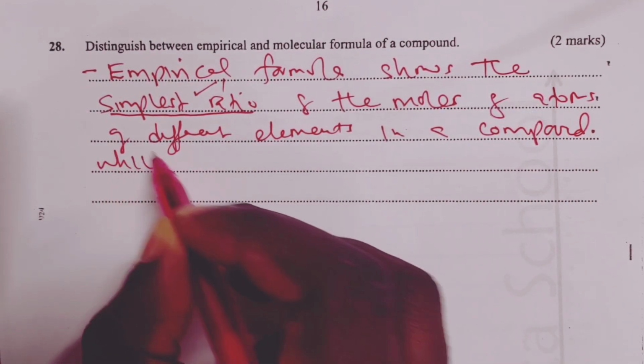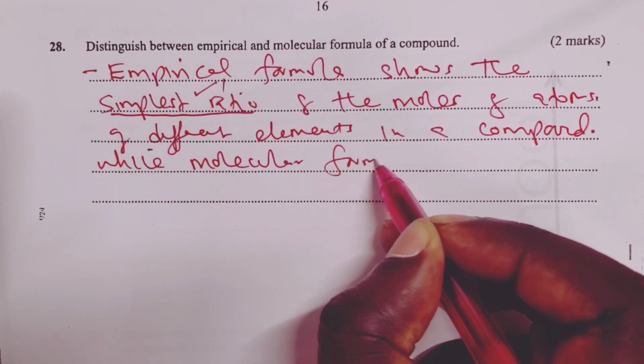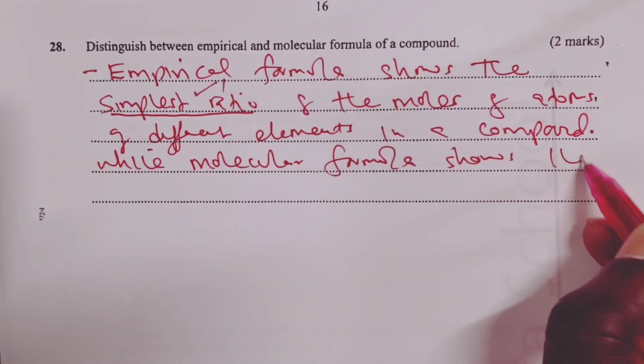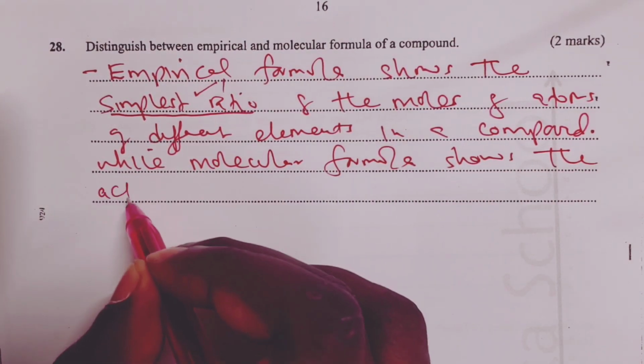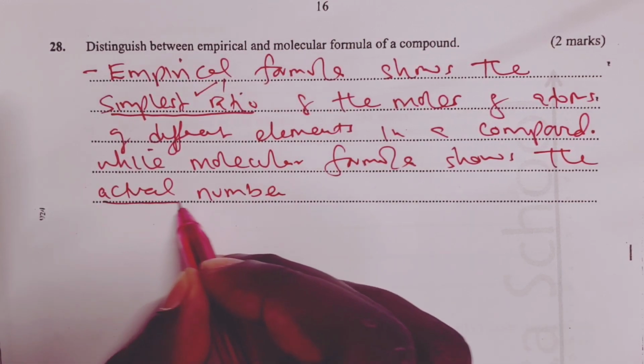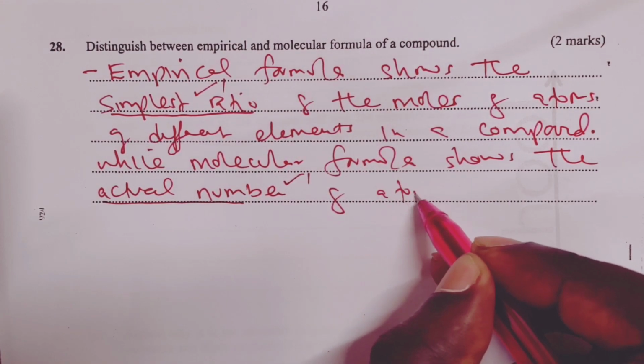While when you come to molecular formula, we now give the actual number. The marking point is actual number for the next mark of atoms.